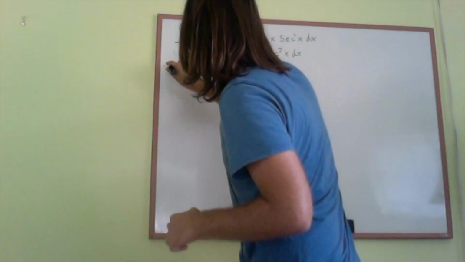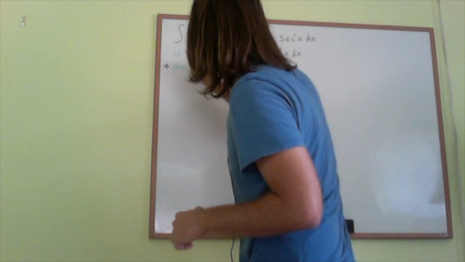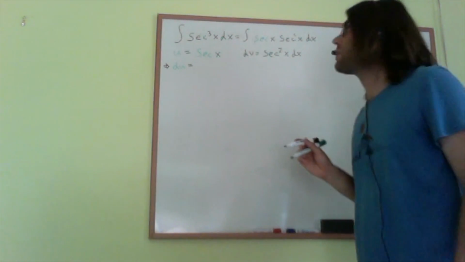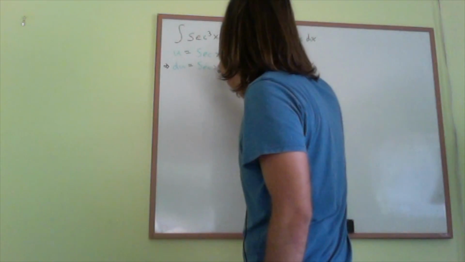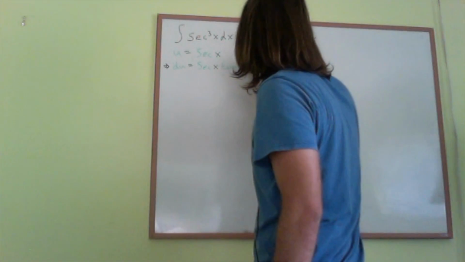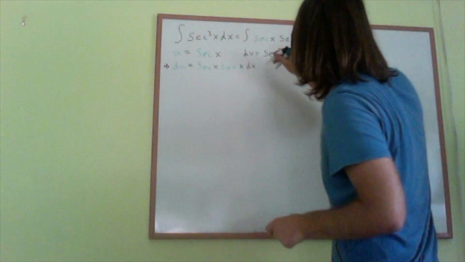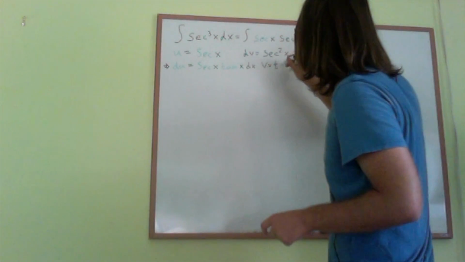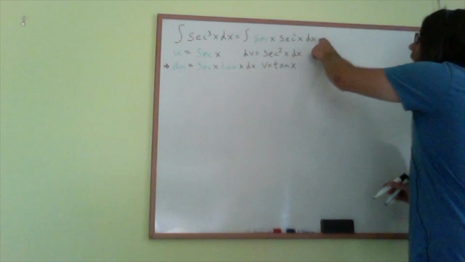So therefore, du is going to be the derivative of secant x, which is secant x tangent x dx, and v is going to be the antiderivative of secant squared, which is of course tangent x.